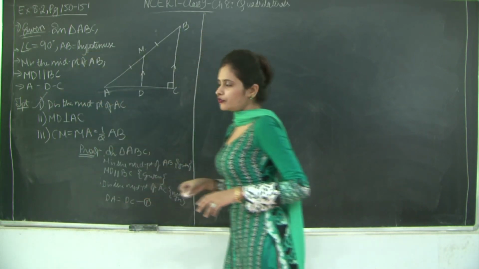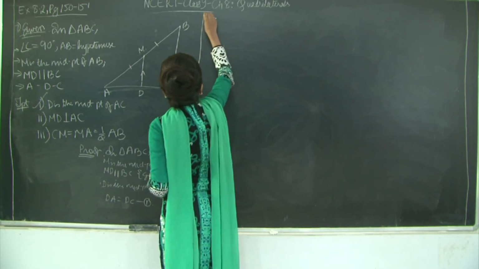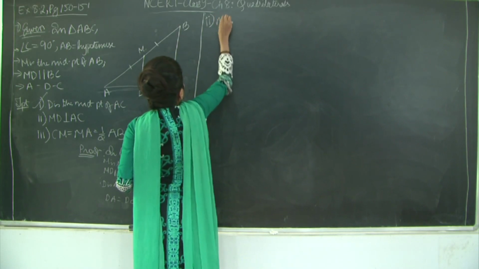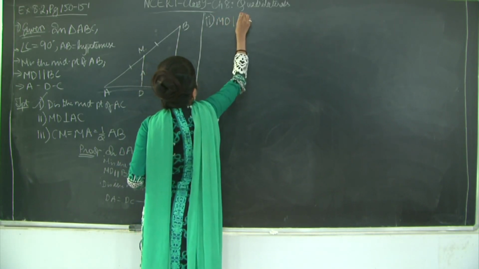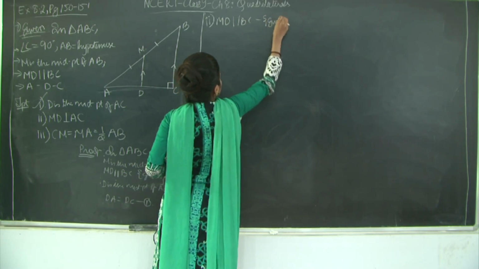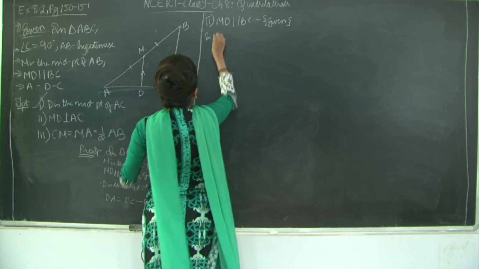Let's go ahead and prove MD is perpendicular to AC. So in my second part, I have MD is parallel to BC, this is given, and AC is the transversal.